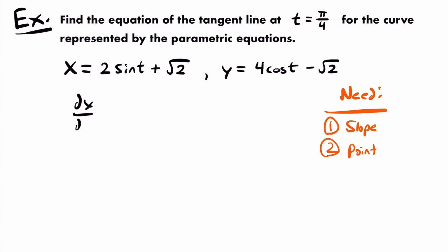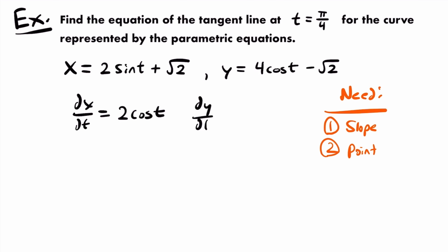We'll have dx/dt is equal to the derivative of 2 times sine t, and the derivative of sine is cosine, so we'll have 2 times cosine t. And then the square root of 2 is just a constant value, so its derivative will be 0 because the derivative of all constants is 0. So 2 times cosine t is dx/dt. But now what about the derivative of y with respect to t?